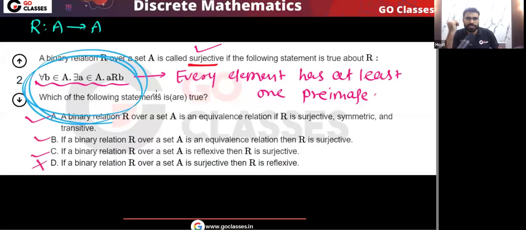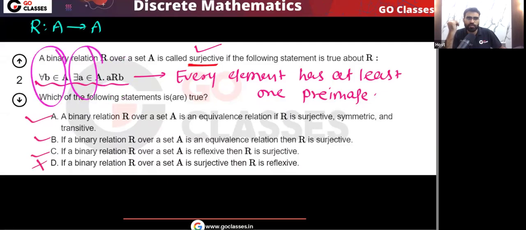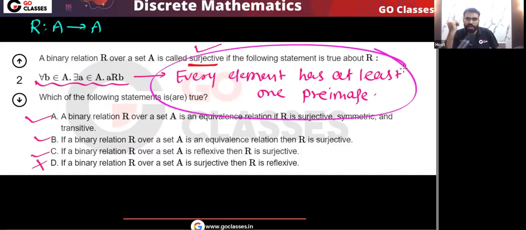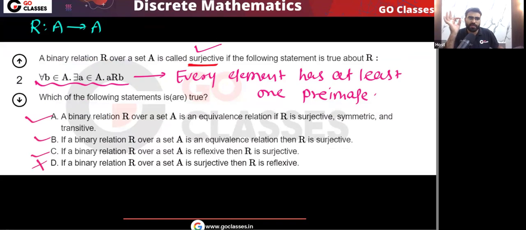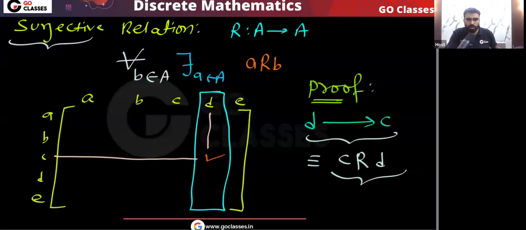We are saying that for every element B, there is an element A such that A is related to B. It simply means every element has at least one preimage. In the matrix representation, every column has at least one tick mark. That is the definition of a surjective relation. I hope you understood. Let's move on now.